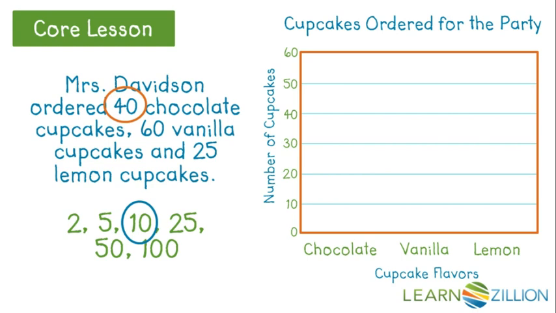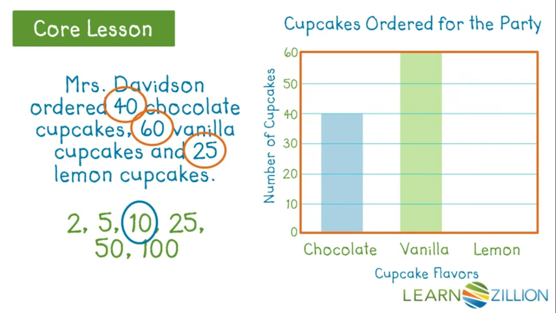Now let's take into consideration all the numbers from our data. It would be easy to represent the 40 chocolate cupcakes and the 60 vanilla cupcakes, because you say 40 and 60 when you count by 10. But what about the 25 lemon cupcakes?